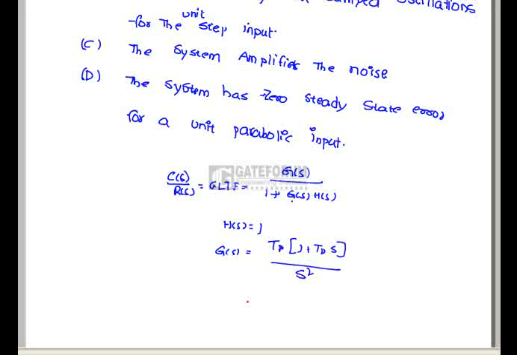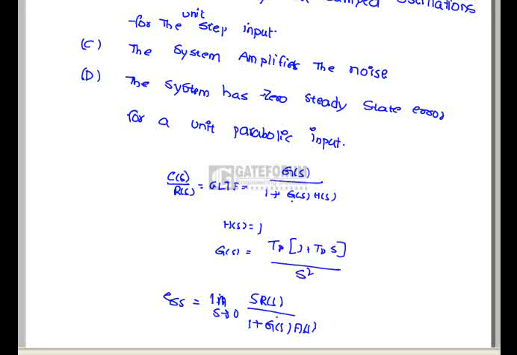Coming to statement D, the system has 0 steady state error for unit parabolic input. The steady state error is defined as limit s tends to 0 of s into R of s divided by 1 plus G of s into H of s.